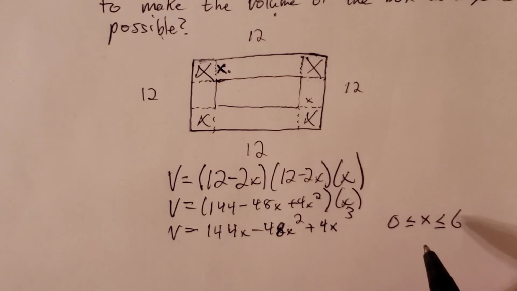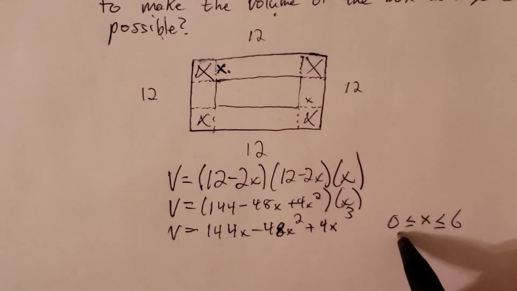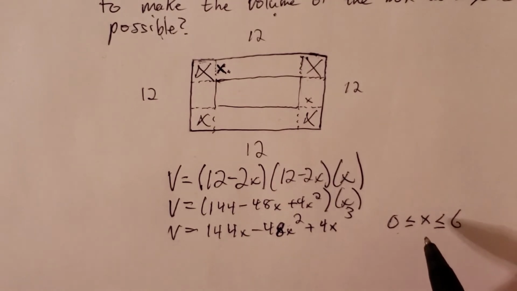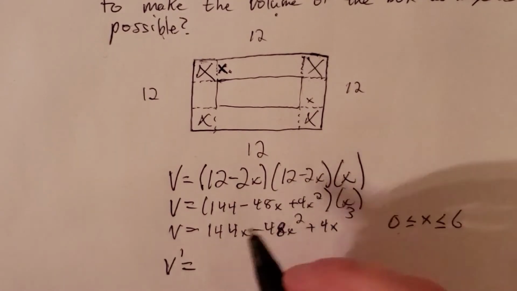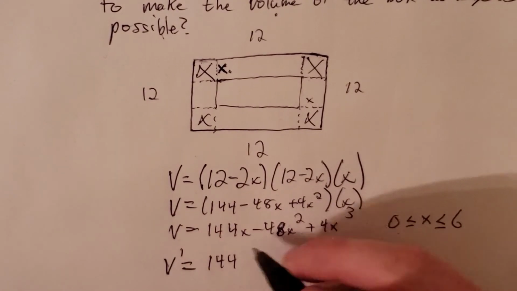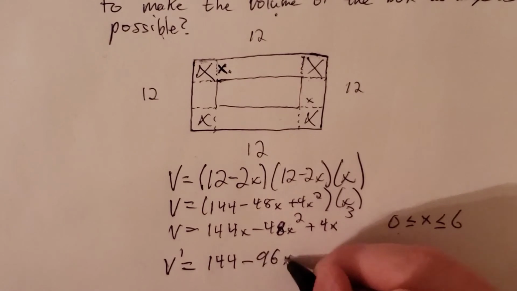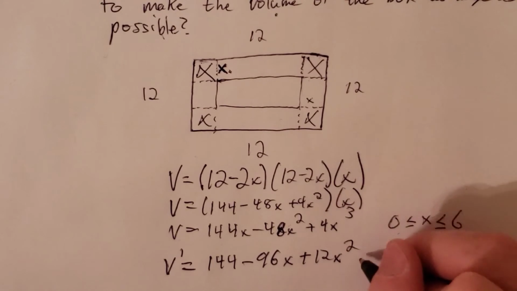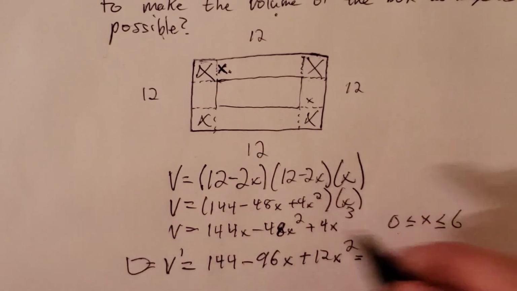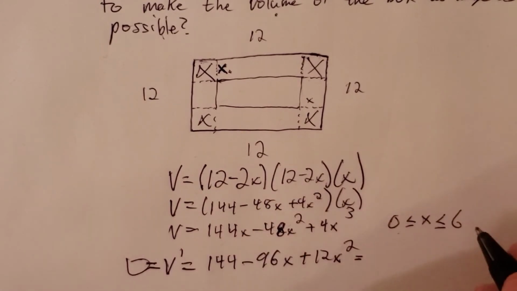So essentially we have a closed interval problem. We're trying to find a maximum value on a closed interval from x equals 0 to 6. How do we do that? We find our derivative, and then we set that equal to 0 to find our critical values.